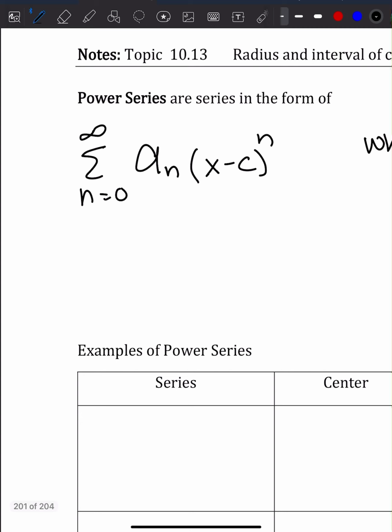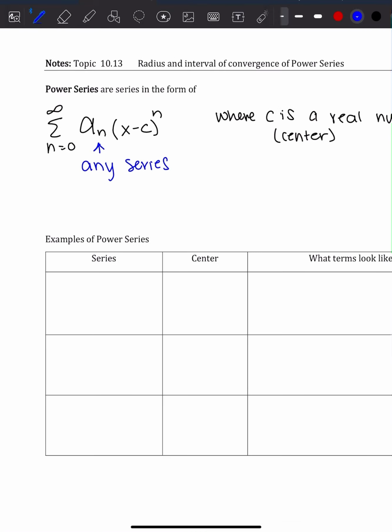And a sub n is any series we've ever seen before, or maybe haven't seen before. So we have any series times this piece of x minus c.